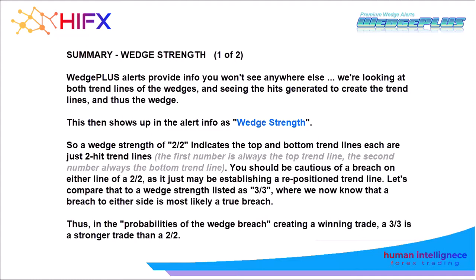Let's compare that to a wedge with strength listed as 3, 3, where we now know that a breach to either side is most likely a true breach. Does that mean avoid all 2, 2s? Absolutely not.